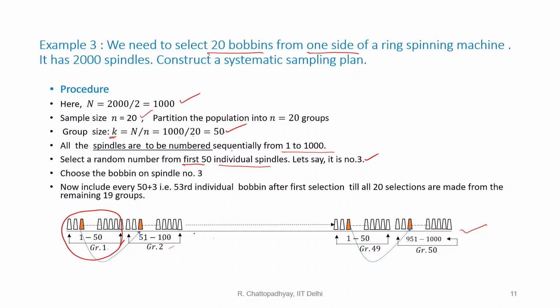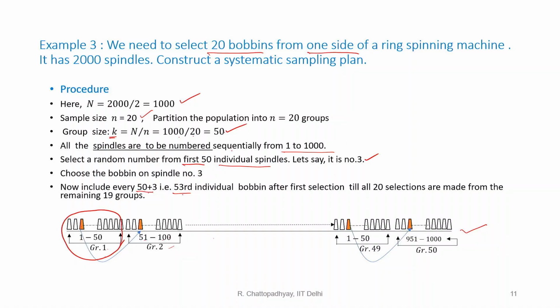Now, as we go from group 1 to group 2, the next spindle will be 3 plus 50. That is, the 53rd individual bobbin should be chosen from the next group. So we'll go at an interval of 50. 3 plus 50 is 53, then 53 plus 50 is 103, 103 plus 50 is 153, and like that we'll go on.